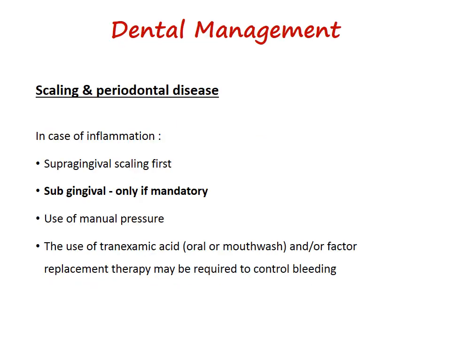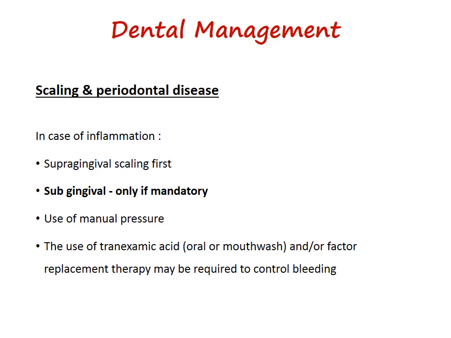So what is the dental management that we can do? In scaling and periodontal diseases, in case of inflammation, supragingival scaling should be done first, and subgingival scaling only if mandatory. If it is not required, we do not need to do it, because this again is a source of bleeding that the patient will have.